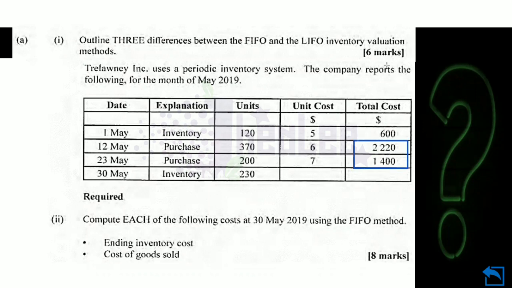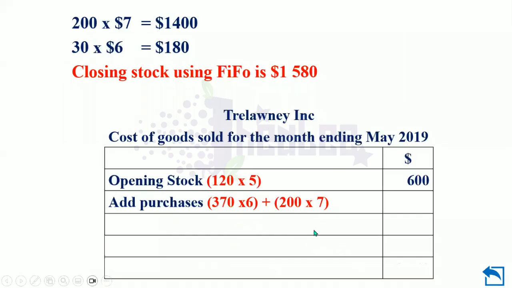Okay, so let's proceed back to do our workings. So our total purchase is $3,620. When we add the purchases to opening stock, we get a value of $4,220. Now that we have that, basically, people, this figure is called our cost of goods available for sale.